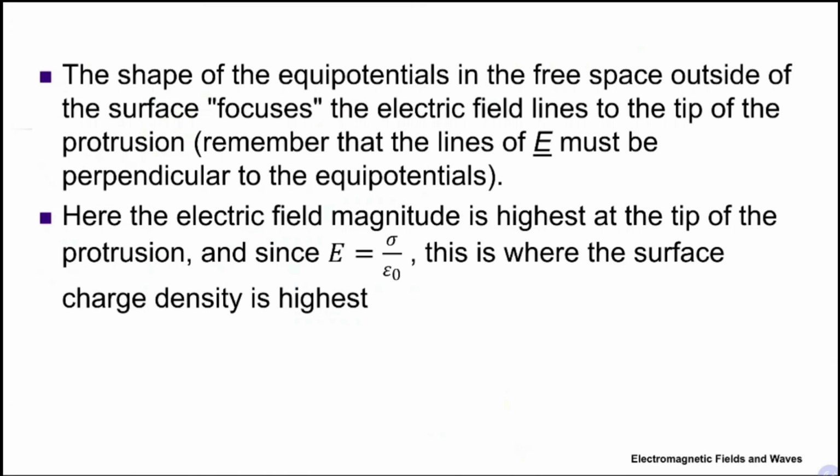The shape of an equipotential in free space outside of the surface focuses the electric field lines to the tips of the protrusions. The electric field must be perpendicular to the equipotential surface.